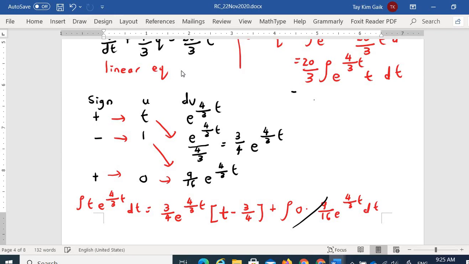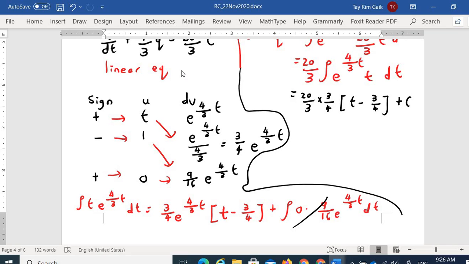Hence you get the result 20/3 integral of t e^(4/3 t), and the result is here, times 3/4. We have t minus 3/4. Remember, plus c. So we have the result 5.